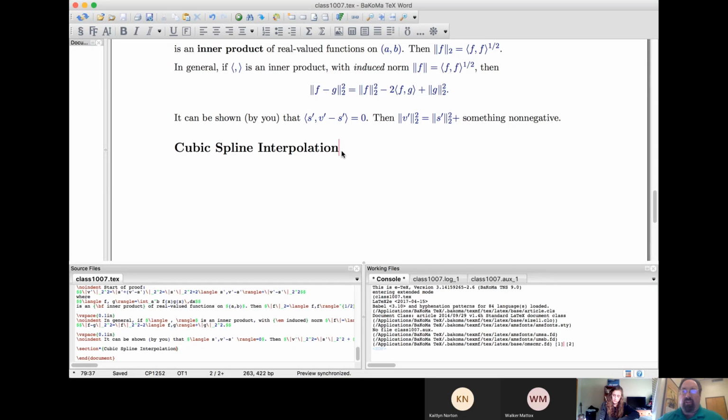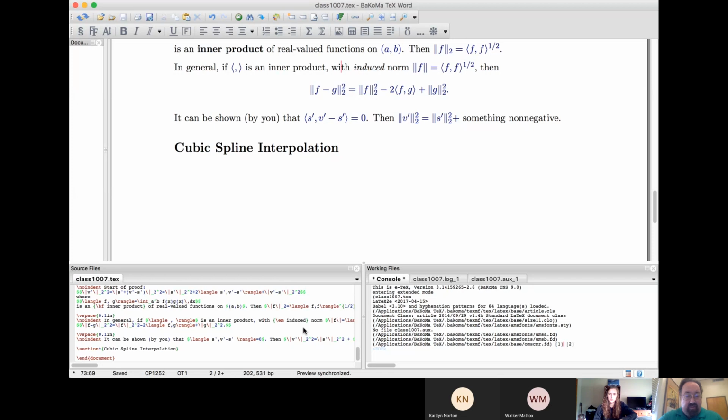So basically, it's taking those points in the graph of f and connecting the dots. But a piecewise linear function, while it's relatively simple to come up with, has a drawback that it's not smooth. It's continuous, but it doesn't even have a continuous derivative. So if you want a smooth function that fits given data, piecewise linear is not going to get the job done. But a cubic spline is much better for that purpose.